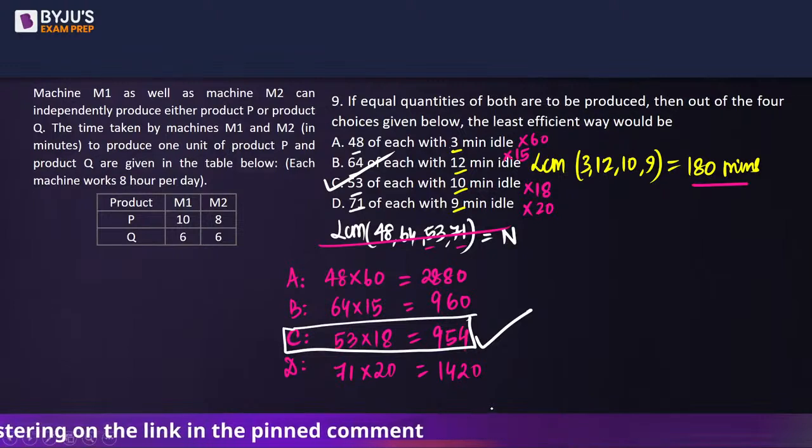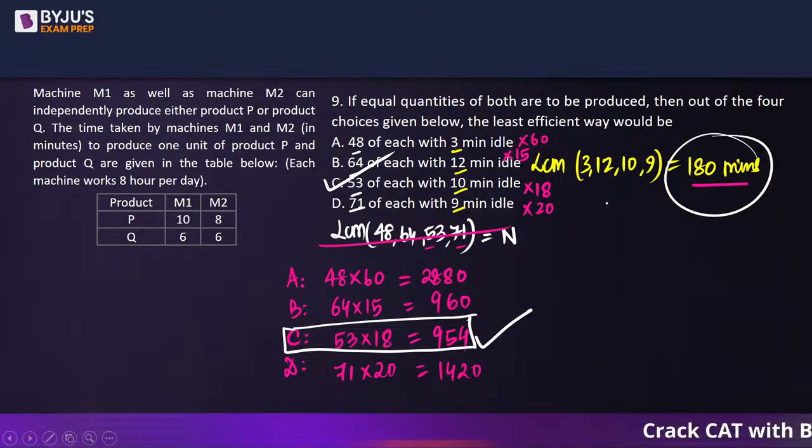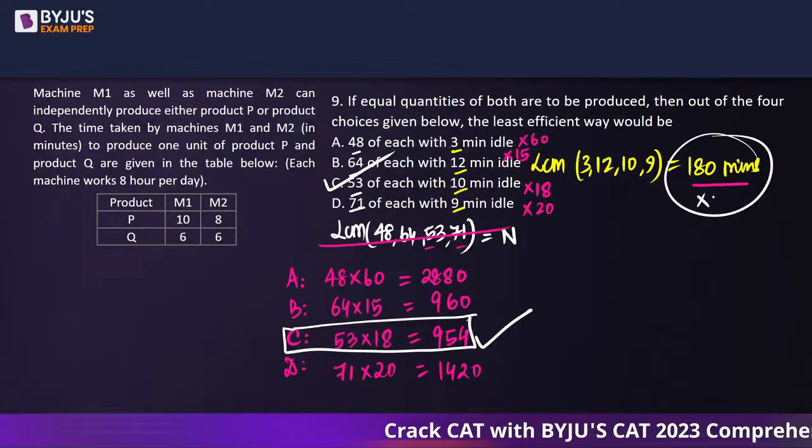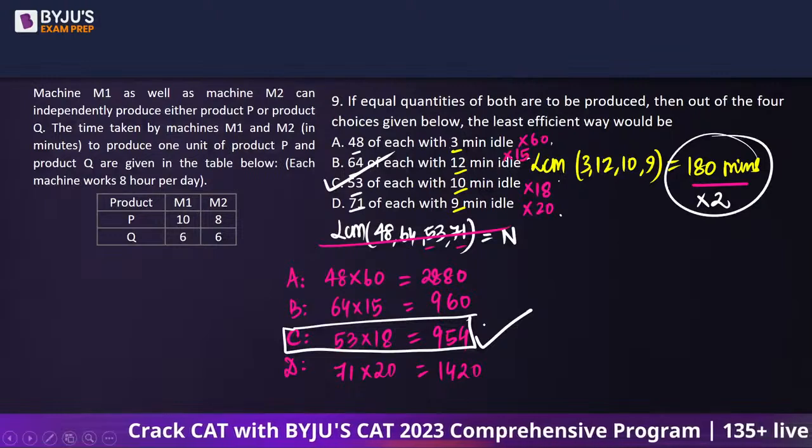Now some of you must be thinking कि sir this is 180 minutes only आपने लिया है, पर actually तो they are working for 8 hours in a day, which is 480. So well, you know what guys, आप ये 180 के अकॉर्डिंग ये आया है, इसको अगर आप 2 times भी कर दोगे तो everything will get doubled. The one that is least will remain least.